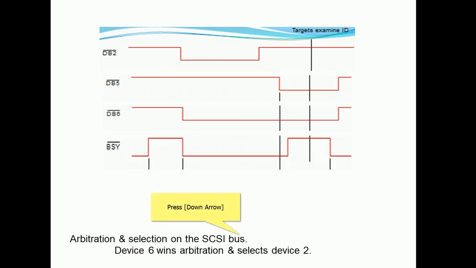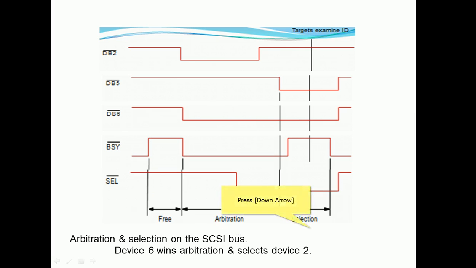The bus BSY signal and select will be there. Before this clock pulse the bus is free. This time is spent for arbitration. At the end of this the selection is over, and during that time the particular device enjoys the service.